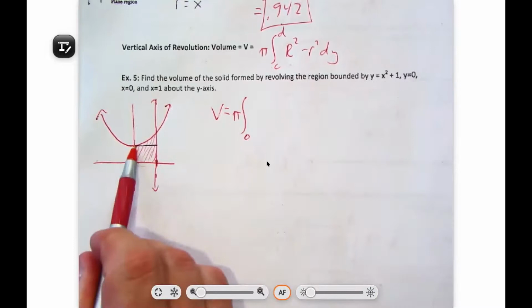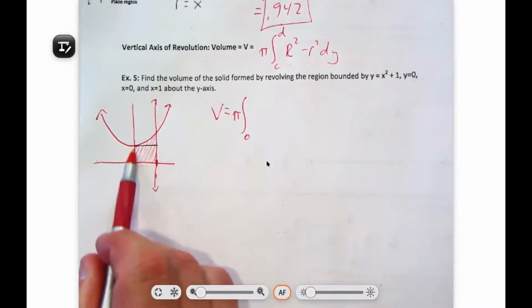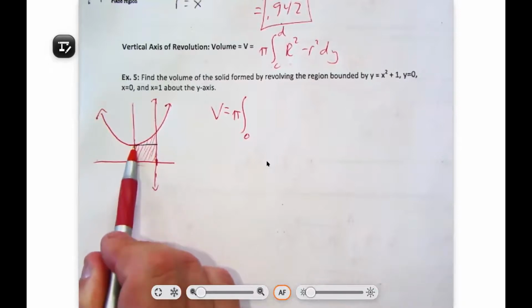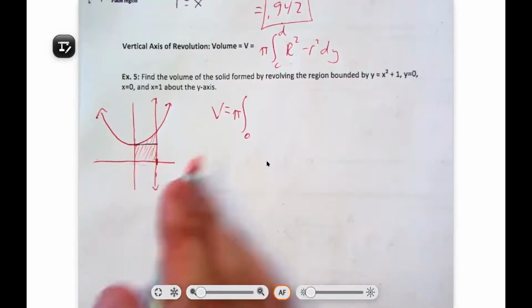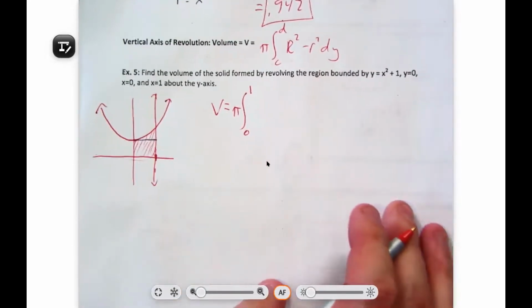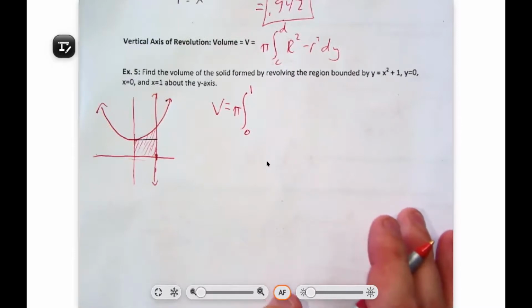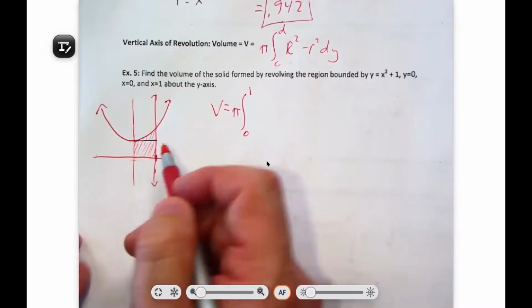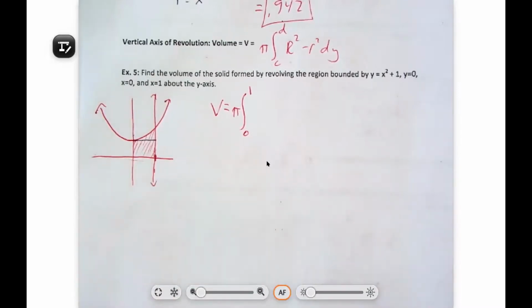The upper limit, because again we're just doing this part right here, is whatever that y value is, which is 1. We shifted it up 1 unit. We're spinning around the y-axis, and it's a disk problem, just for the lower part here.